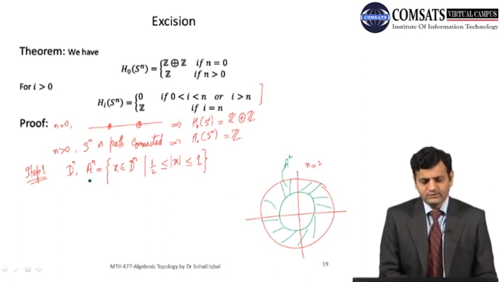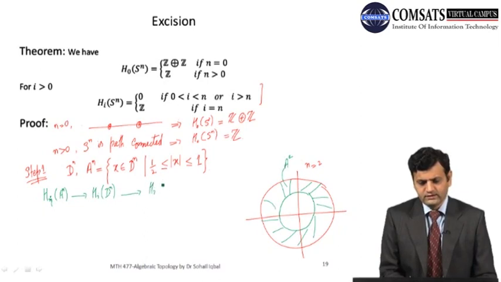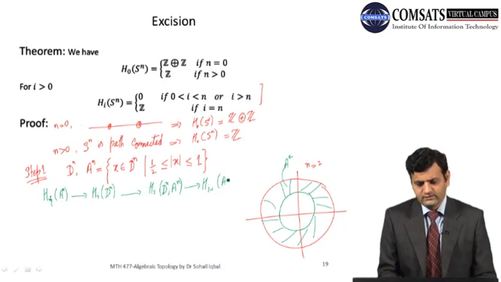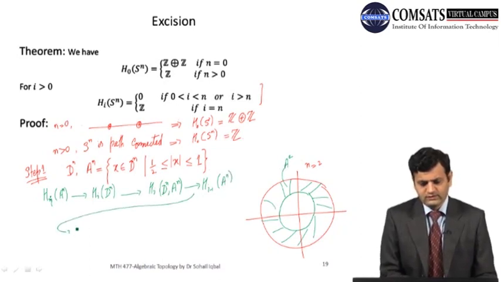Let's calculate the relative homology and see what happens. Consider this sequence: Hi(An) goes to Hi(Dn) goes to Hi(Dn, An) goes to Hi minus 1(An), and so on up to Hi minus 1(Dn), Hi minus 1(Dn, An), and so on.